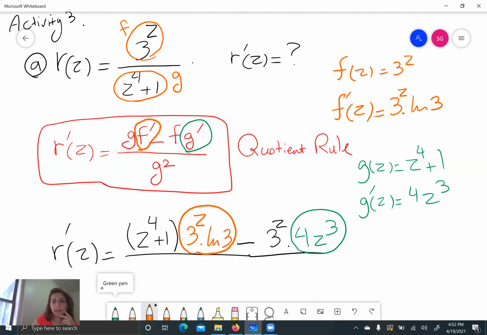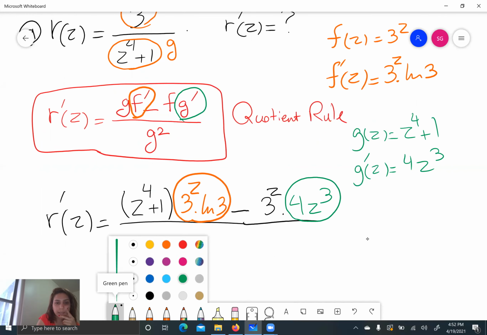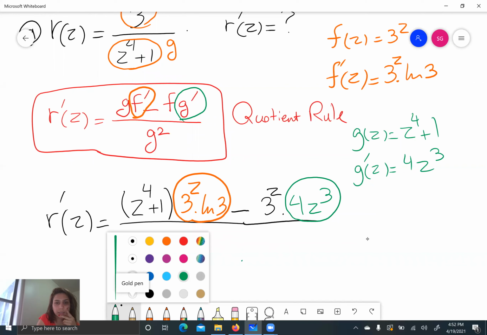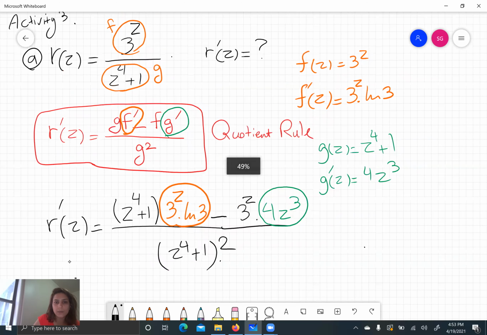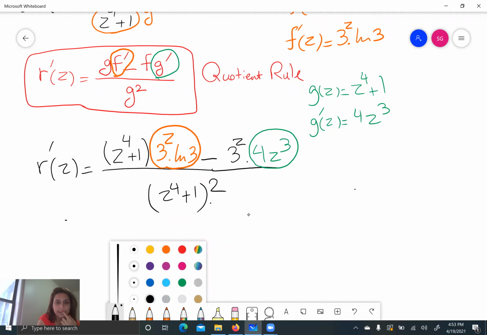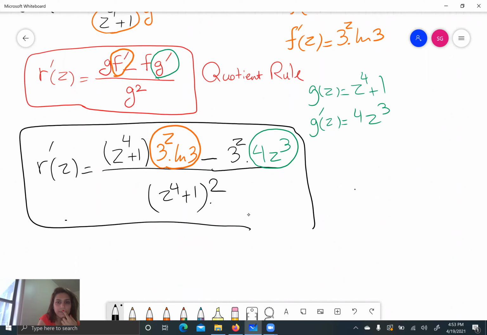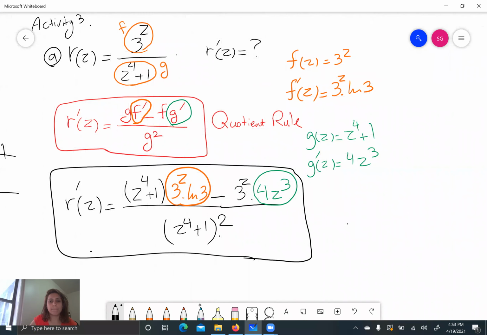And finally, we put G squared. You can leave your answer like this, or if you want, you can simplify further, but that's it. We just used the quotient rule and calculated the derivative of this function.